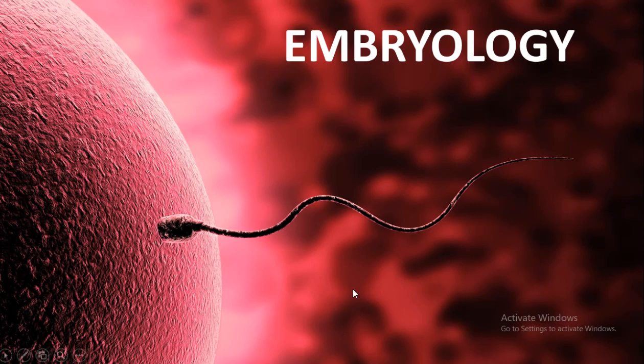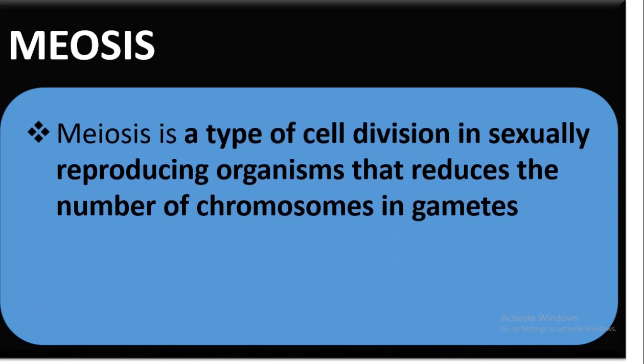So in today's class, I'm just going to explain gametogenesis. Previously, I explained what meiosis is. When you talk of meiosis, this is an important process that helps us to understand gametogenesis. Let's quickly look at this.